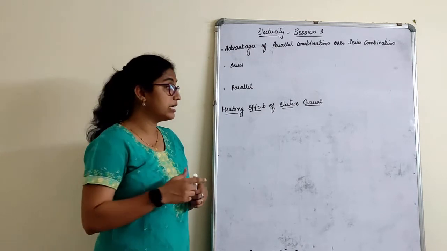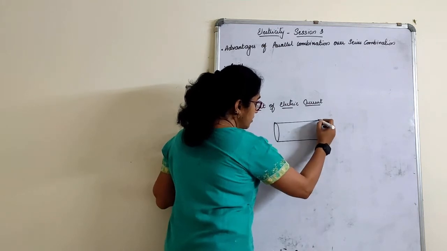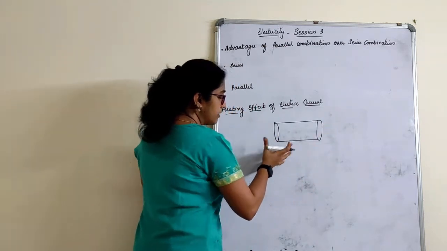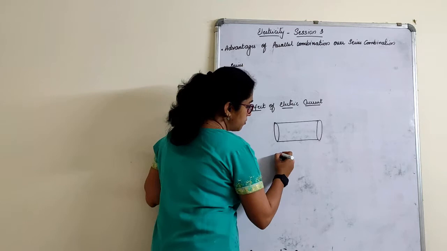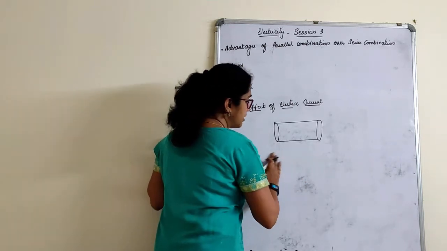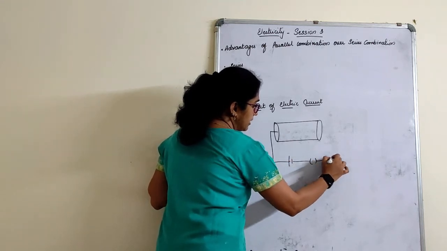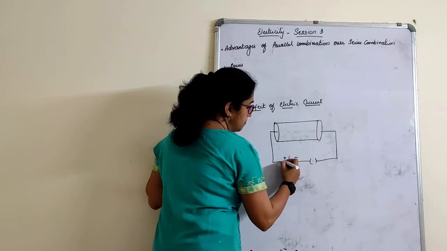Let's understand what it actually is. Imagine I have a conductor, that is, a wire. I have just zoomed the wire to make you understand. This is connected to a source, a plug key, right? Plus, minus.